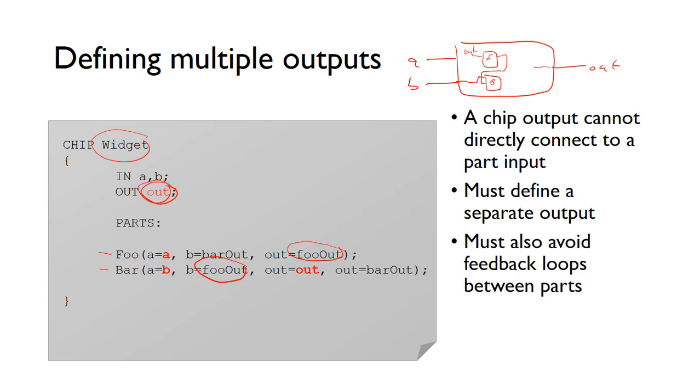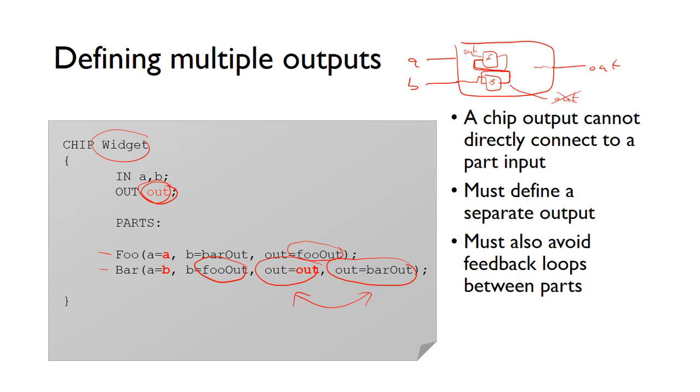And then for bar, I've got one output, I've called it bar out. Because bar out is going to feed back into here, I wouldn't be able to use out for this. We cannot do that. So that's why I've had to define a separate output. So here we've got our two outputs. They're both defined.